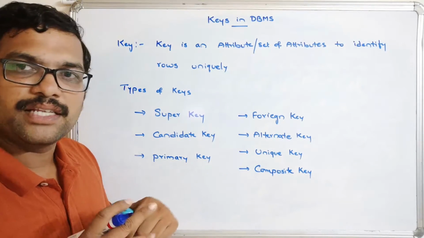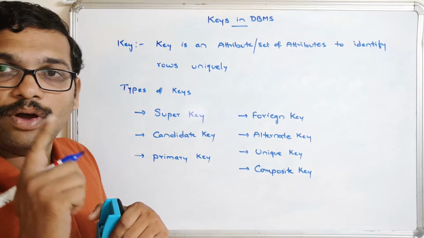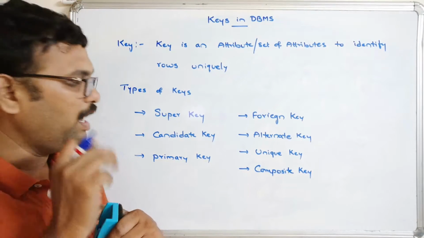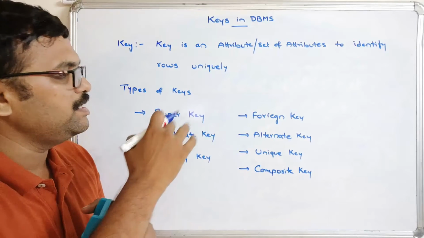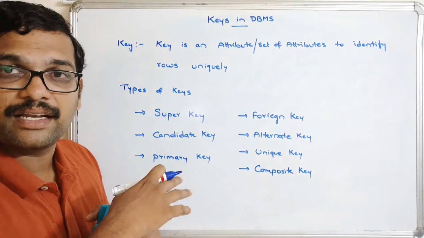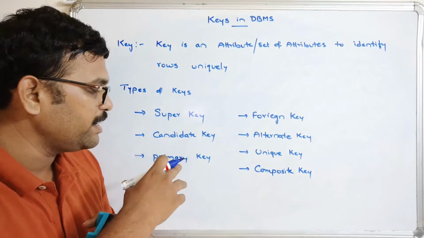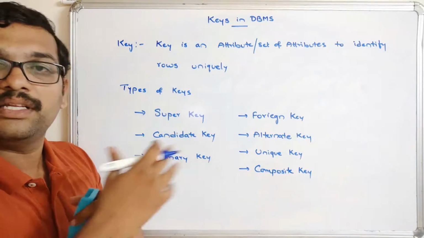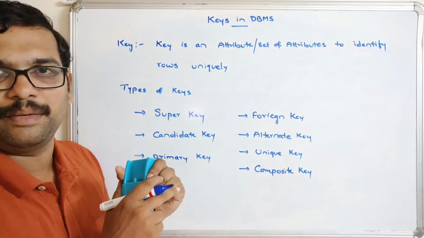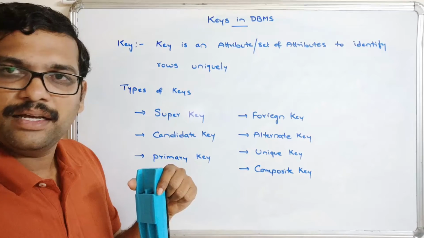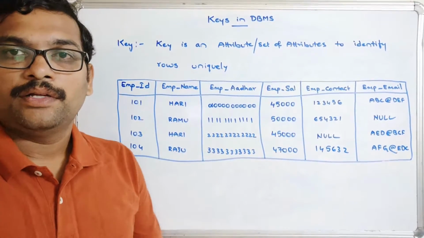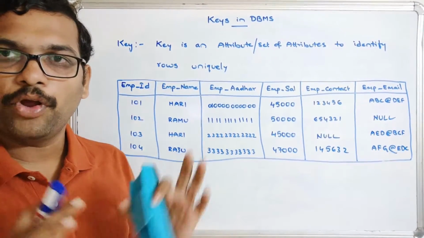Now we'll take one example. Let us have one table, and from the table we'll identify these keys: what exactly is the super key, the candidate keys, the primary keys, and so on. So let us take this example, the employee table.